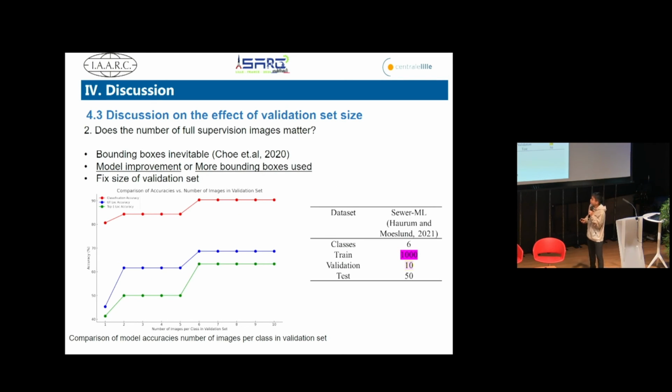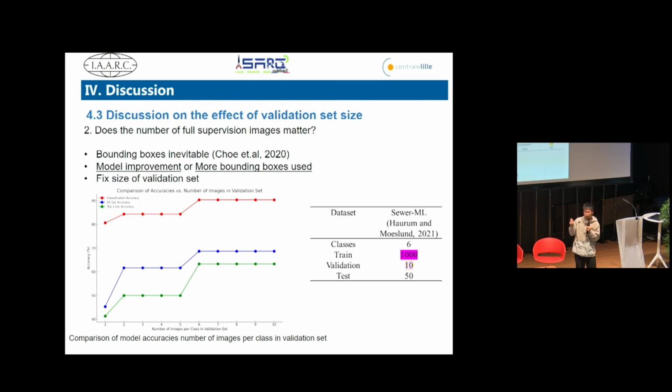Finally, we studied the effect of validation set size. In deep learning, the validation set is used for hyperparameter tuning and model selection. So bounding box annotations are inevitable to compute the localization performance. This is different from the training set that only uses image-level annotations.